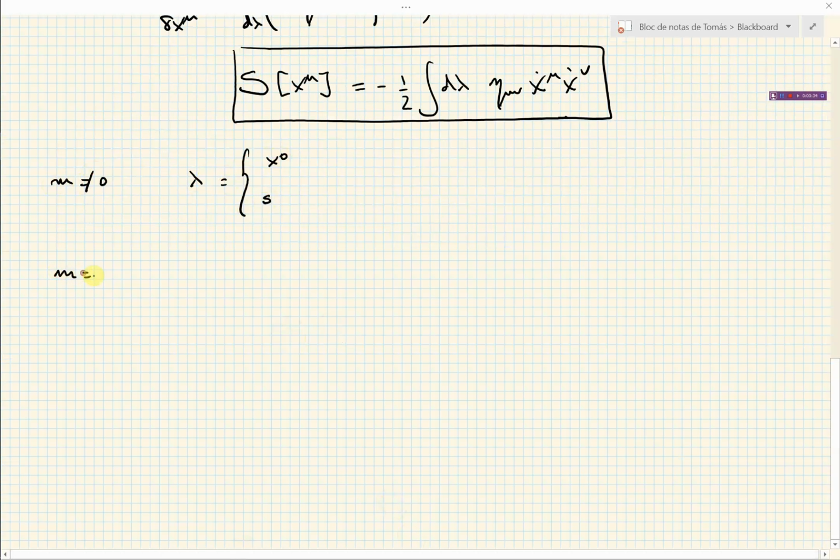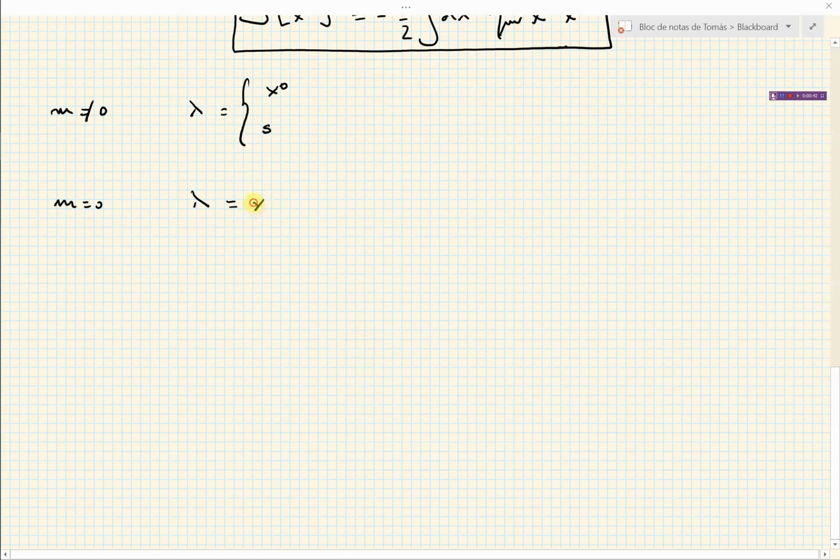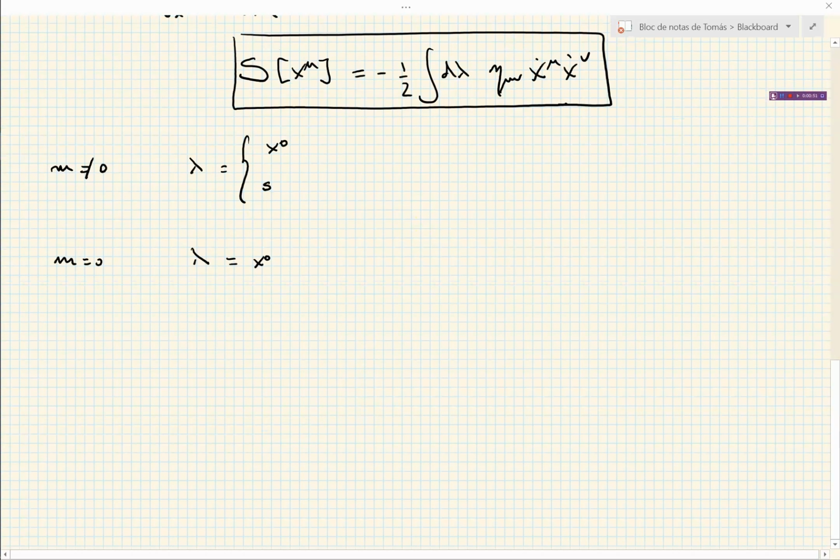For m equal to 0, λ can be the coordinate time, but it cannot be the proper time, because the proper time would always give 0.